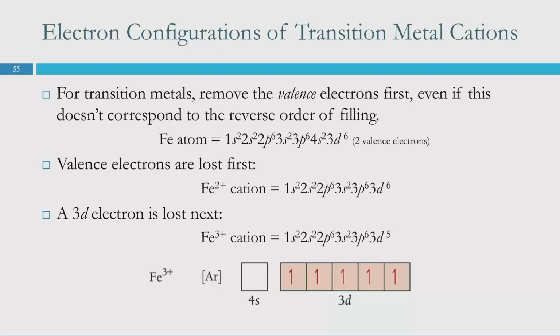Now for transition metals, we first want to remove the valence electrons. So as we're moving across our periodic table, let's say that we're looking at vanadium, the third entry in our D block. The way that we would fill up for our electron configuration, we've got potassium and calcium in row 4 that are before vanadium.